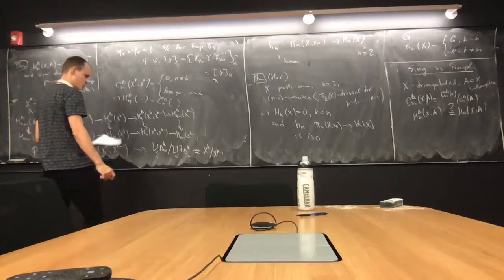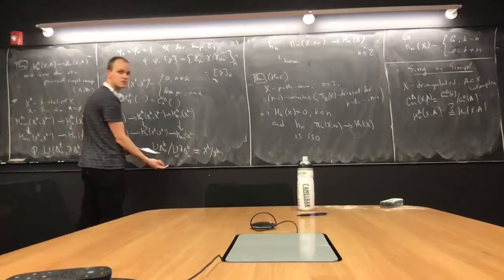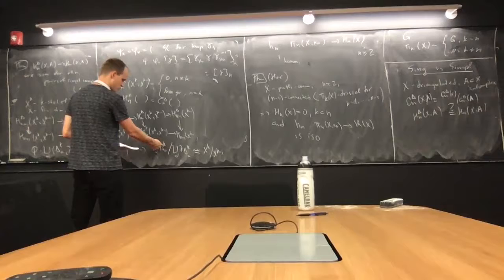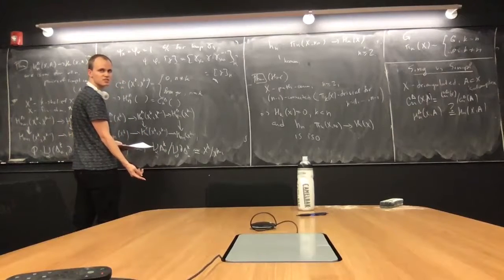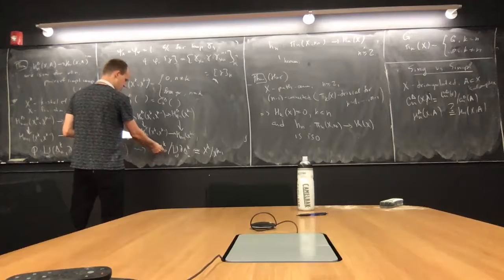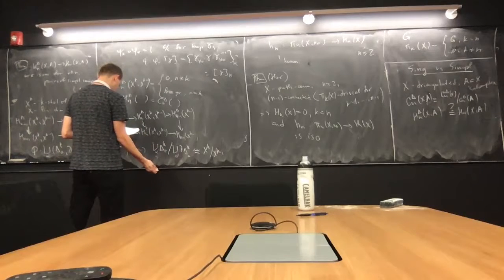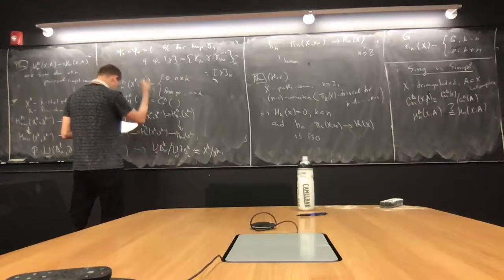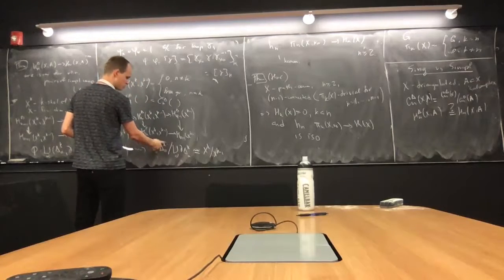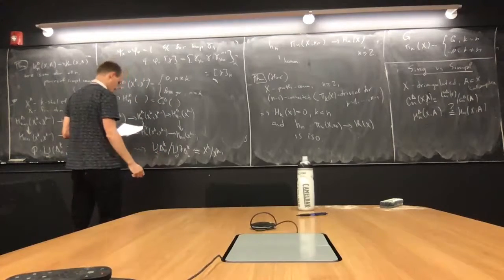But the homology group of this is 0 when n is not equal to k. And for n equals k, again, it's a free abelian group with a basis represented by the relative cycles given by the embeddings of these k simplices, basically.